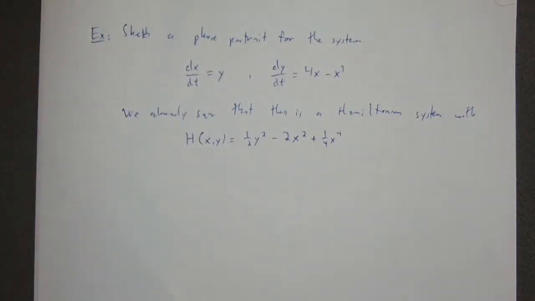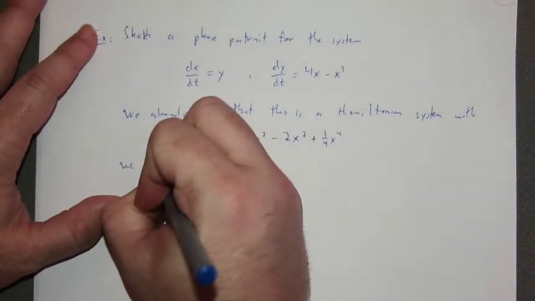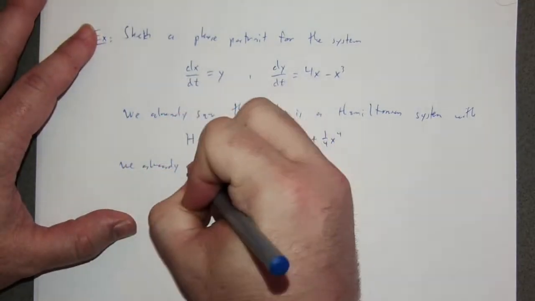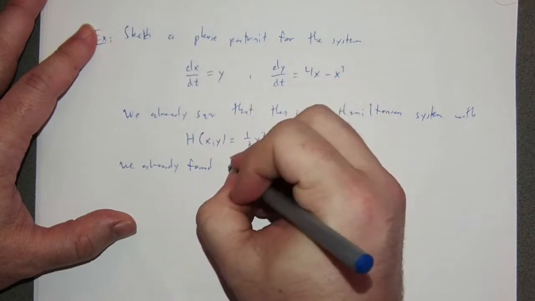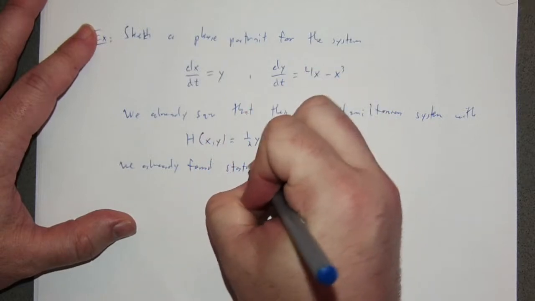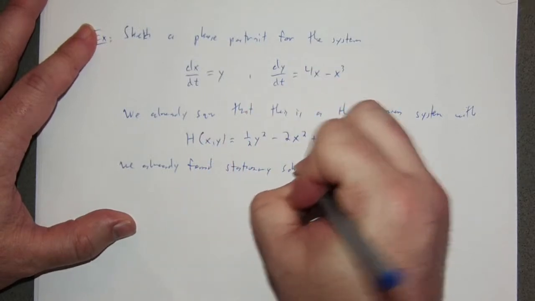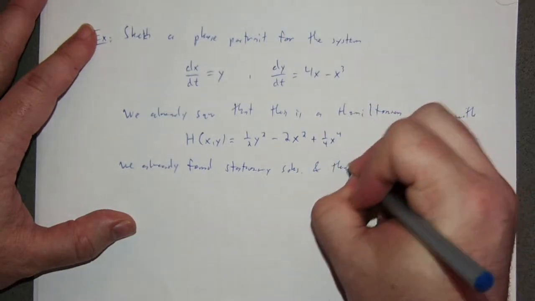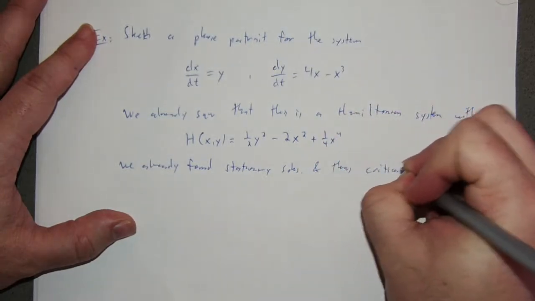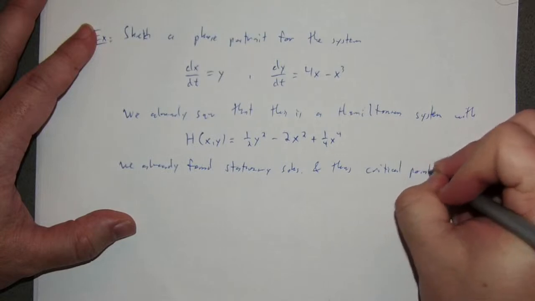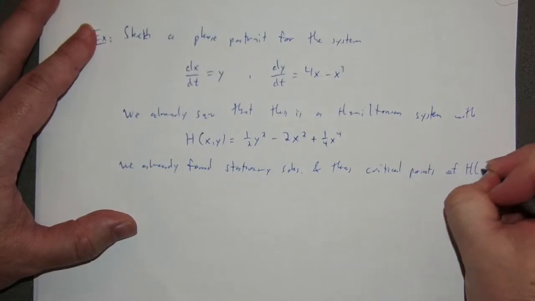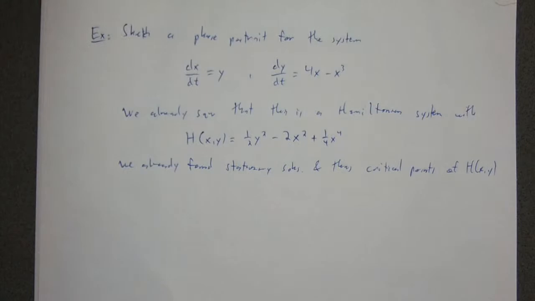We've actually already found the critical points for this by setting these things equal to 0. We already found stationary solutions and thus critical points of h.